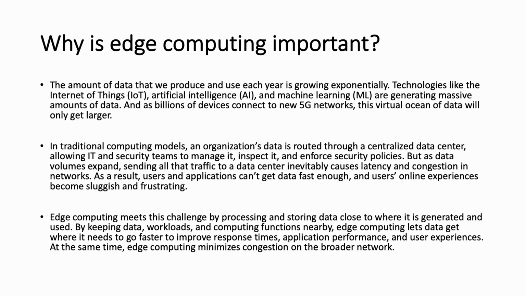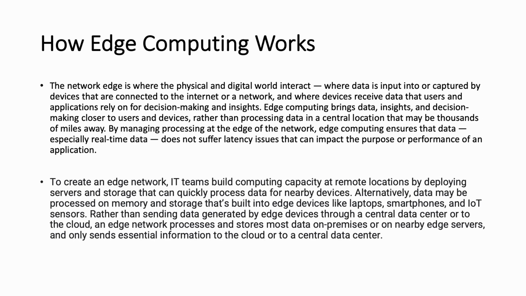So edge computing meets this challenge by processing and storing data closer to where it is generated and used, by keeping data, workloads, and computing functions nearby. Edge computing lets data get where it needs to go faster to improve response time, application performance, and user experience at the same time. Edge computing minimizes congestion on the broader network.